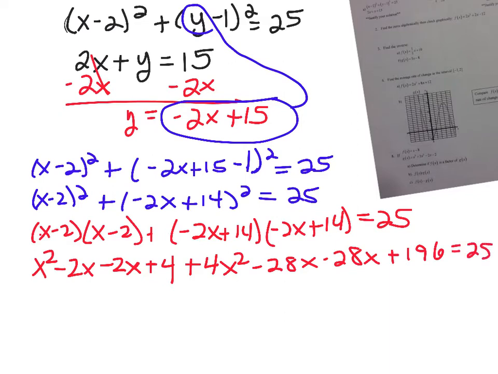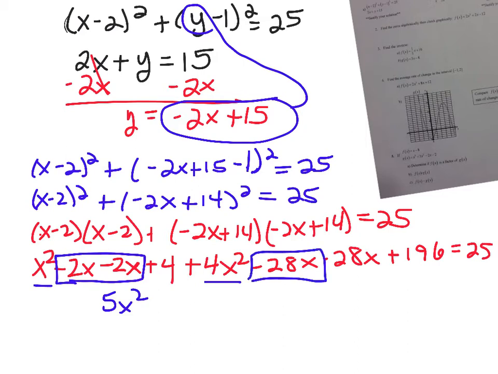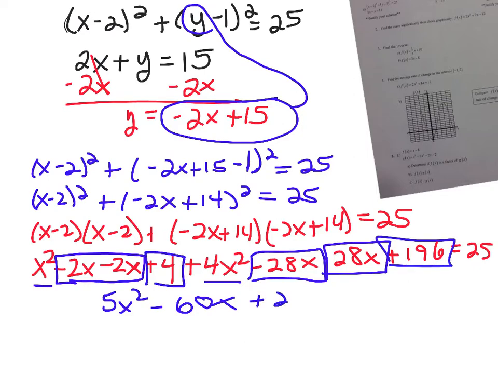Okay, so now I'm going to combine like terms. So I have x squared and 4x squared is 5x squared. Negative 2x and negative 2x is negative 4x. Minus 28x is negative 32x. Minus 28x is negative 60x. And then I have 4 plus 196 is 200 equals 25.